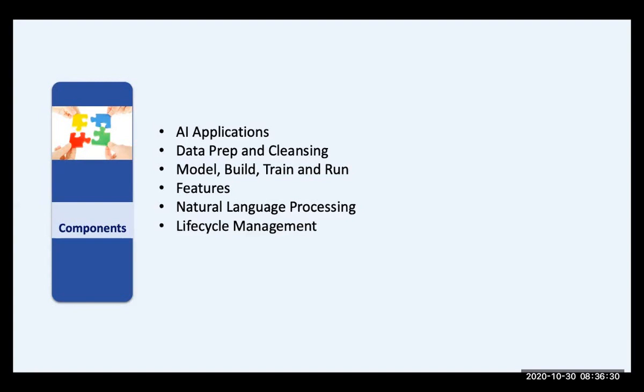The features are what we get from our models: speech, images, vision, etc. Natural language processing, the nervous system of enterprise AI, and life cycle management, managing the life cycle of AI models, understanding how they perform, and whether there is any need to make changes or improve them.